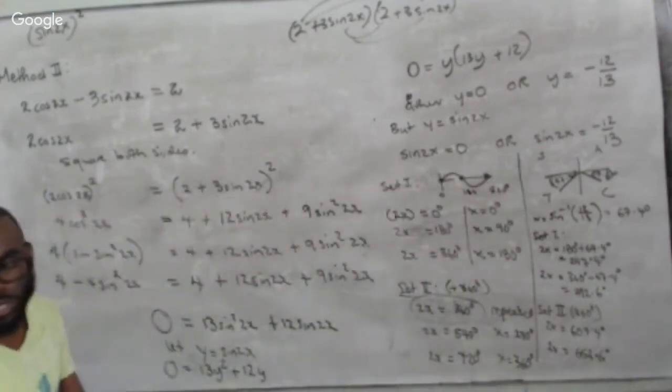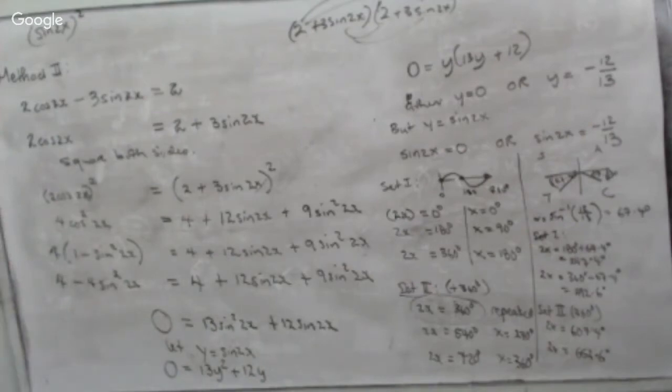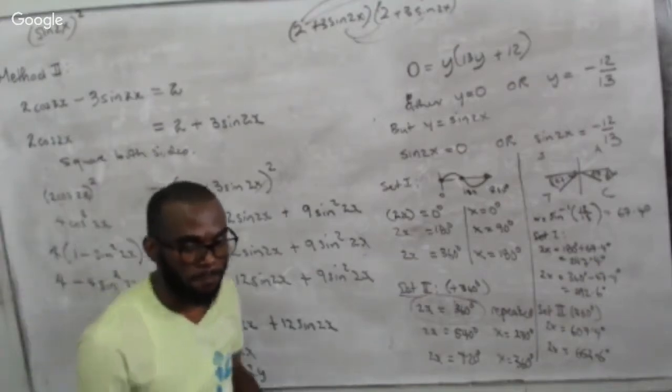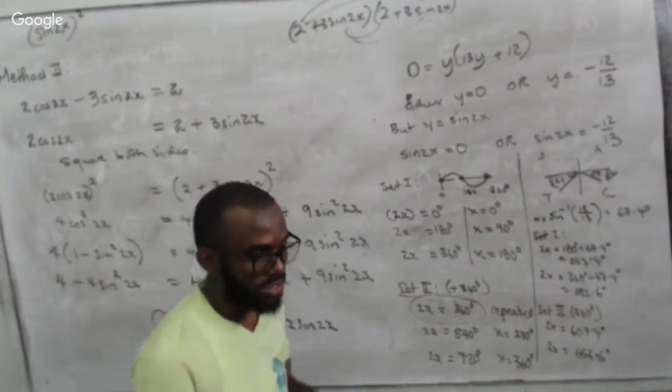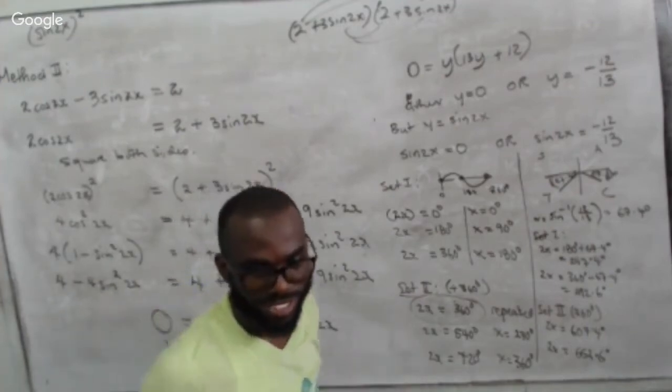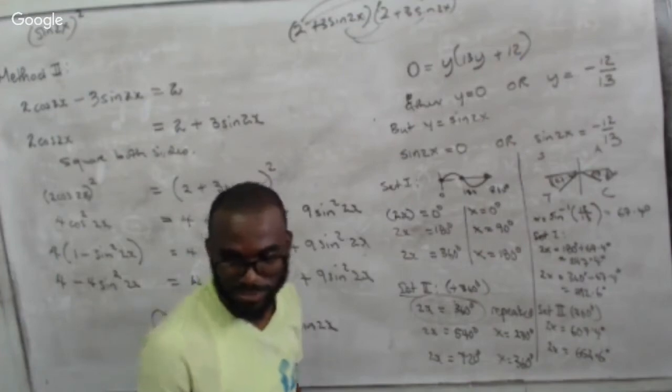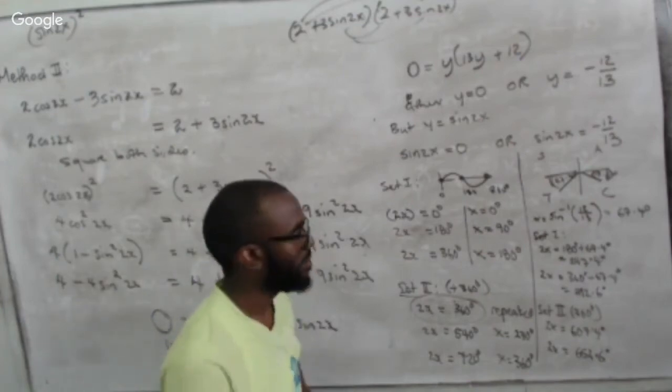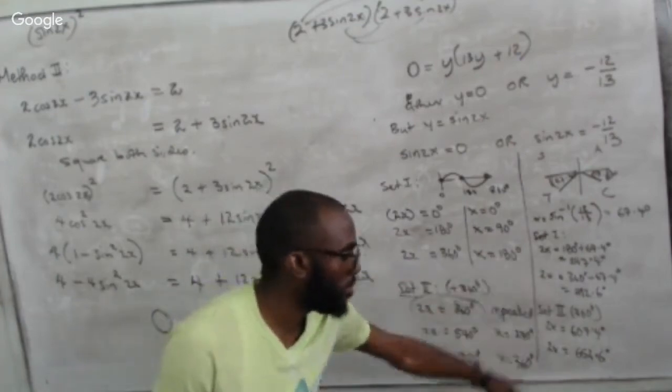Who's confirming those answers? Somebody confirm them quickly before I move on. Who's doing it? I need somebody else to confirm it. Add 360 to these two and tell me what they are.